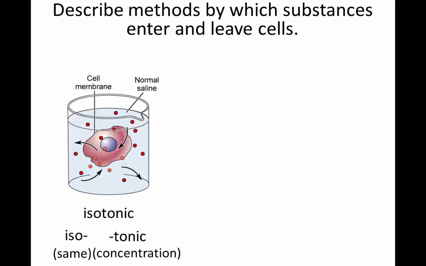So if we take a cell and we place it in normal saline, which means the same concentration of salt in water as is inside the cell, we actually have two solutions, the solution inside the cell and the solution outside the cell, in the intracellular and the extracellular fluid. And so these are isotonic solutions, the same concentration relative to each other. So water will move into the cell, but water will also move out of the cell in the same ratio as the particles move around.